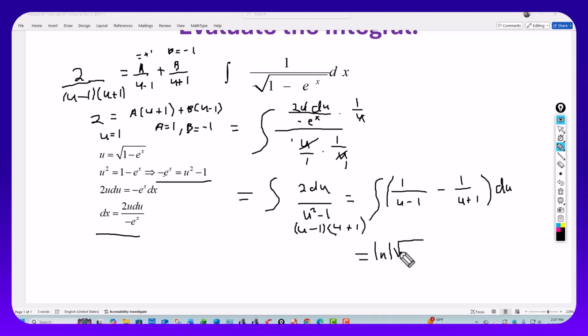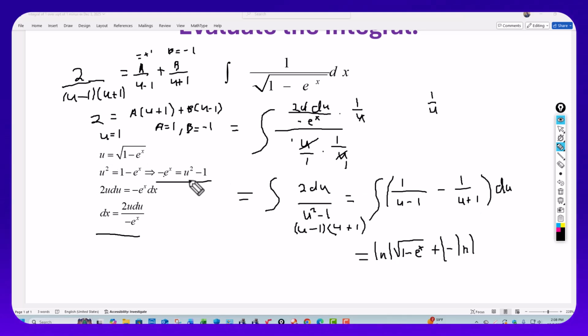So we just plug that in here. And then it's plus 1. And then it's minus. Same thing for this one. Because the derivative of u plus 1 is 1, it's the same thing as if you're doing the integral of 1 over u du, which is the natural log of the absolute value of u, except in this case, instead of u, we have u plus 1. So this is then minus the natural log of the absolute value of u plus 1.